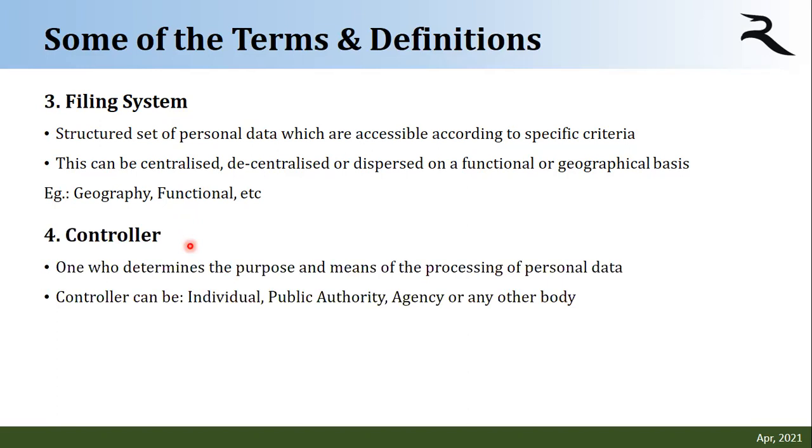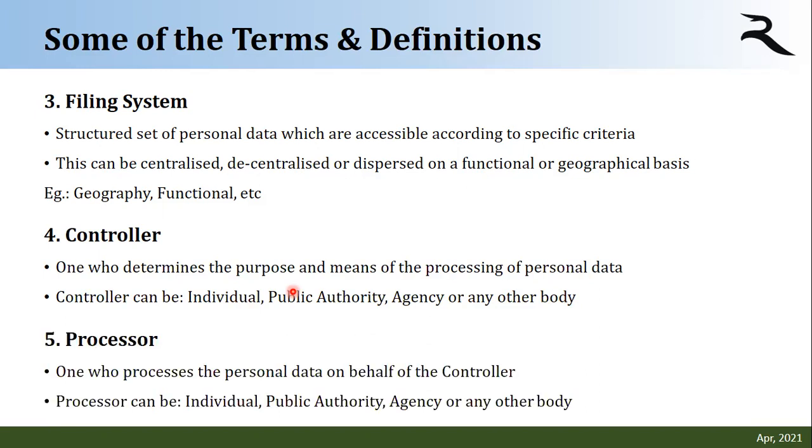And then controller is the organization who is deciding what data to collect from the customers, vendors, or employees. So the organization decides what data to collect, why they need to collect it, and what processing they need to perform, that we saw in the previous slide. So essentially, controller is that decision maker. And processor is someone who is performing the processing activity.